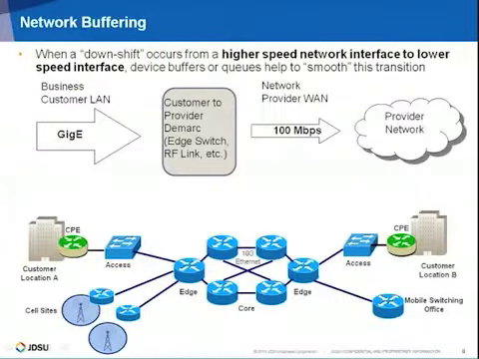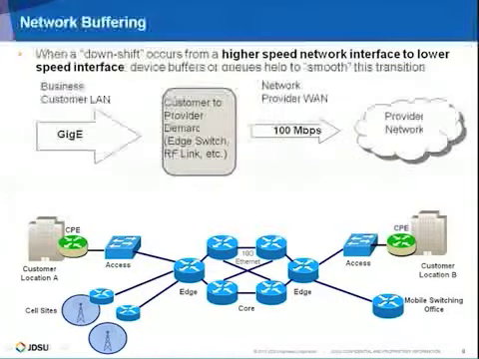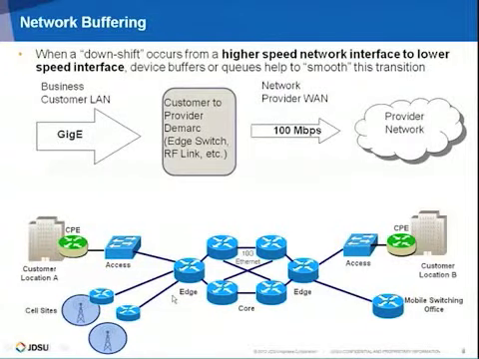Looking at points of concern here, it's usually at the edge or access switch demarc part of the network, or it's at an aggregation point in the network. The aggregation point could be within your backhaul metro core, if you will, where you're aggregating several gig-E links into a 10 gig pipe, for example.